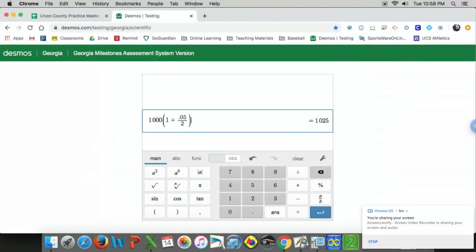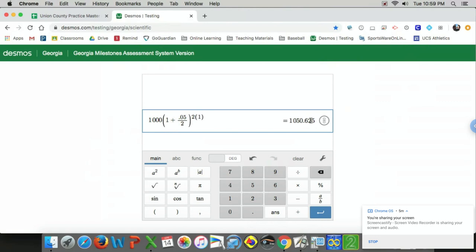Go outside the parentheses, and we are going to raise it to 2, parentheses, 1. When you do that, you then get 1,050.625.